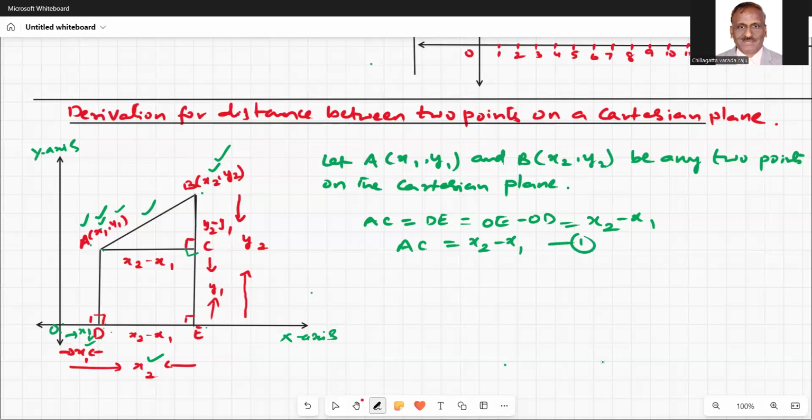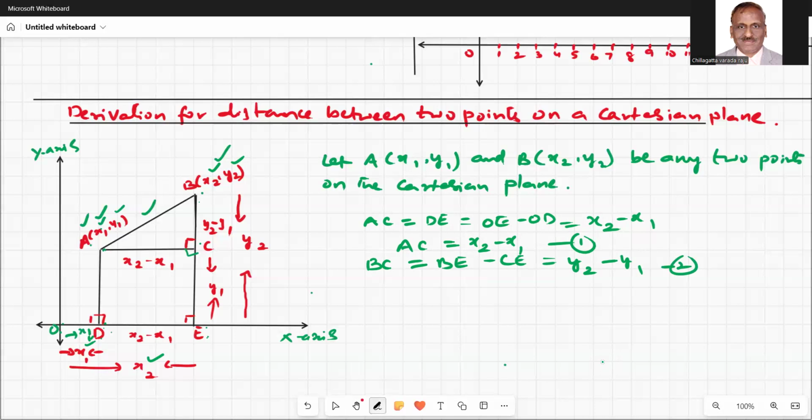Similarly, shall we find the length of BC? BC is equal to, from the figure, BE minus CE. What is the length of BE? BE is the y-coordinate of B, that is y2, minus the length of CE, the y-coordinate of the point A, because AD is equal to CE. CE is equal to AD, which means y1. So BC is y2 minus y1. Keep this as equation 2.